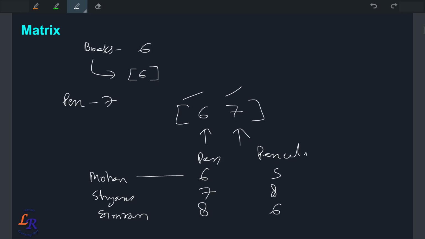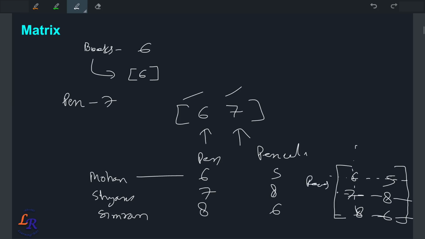Similarly, you can make a rectangular array of it, and we can write the same thing like this, right? We can have 6 5 7 8 8 6. So this direction is called rows, and this direction is called columns of the array, right?